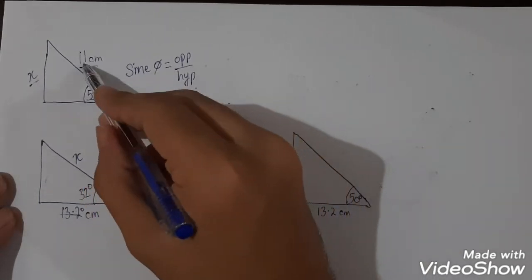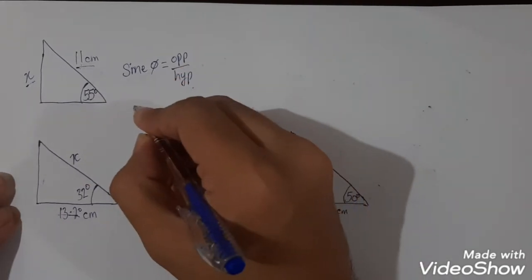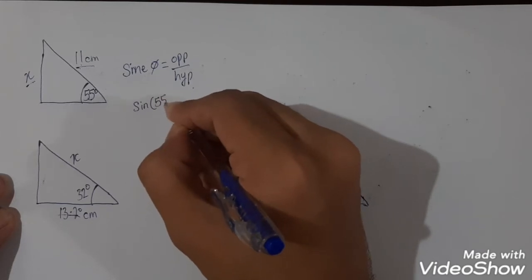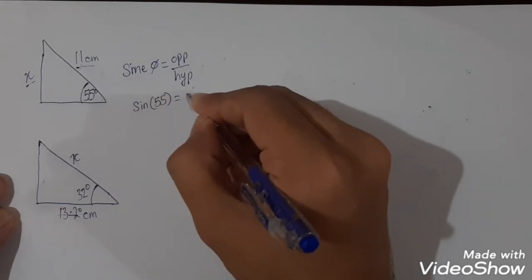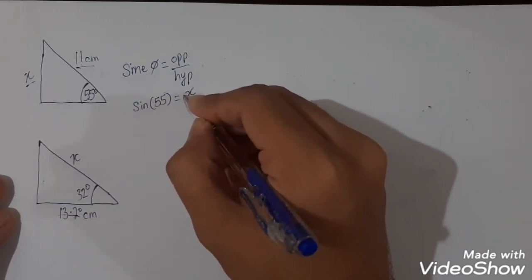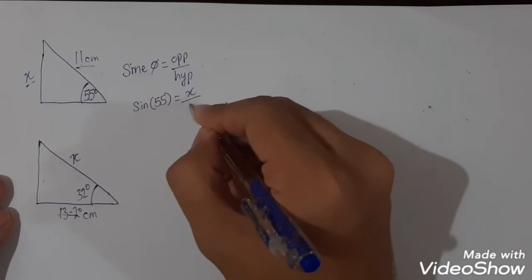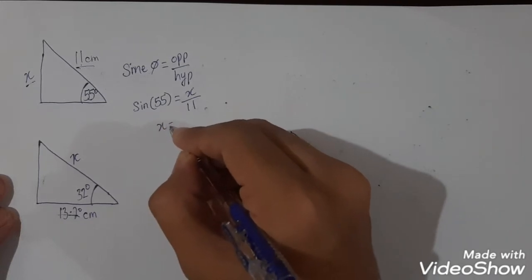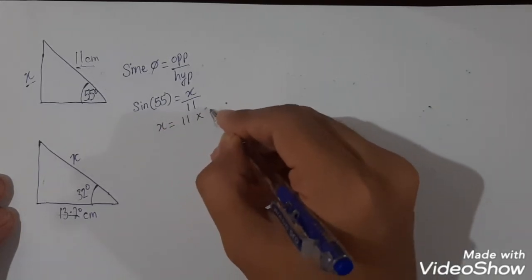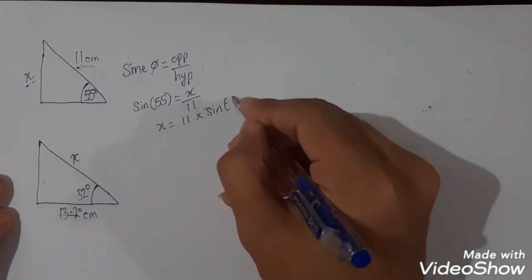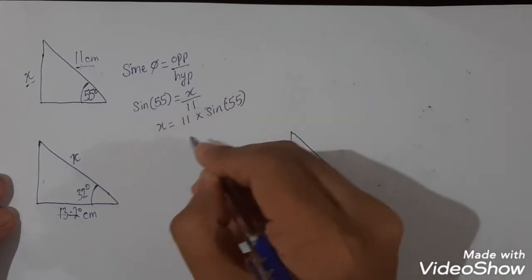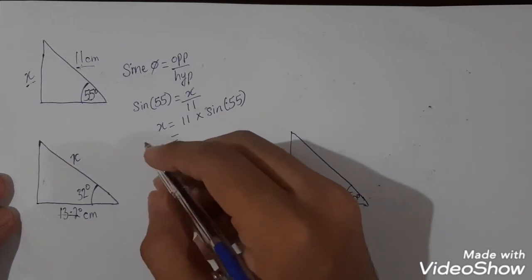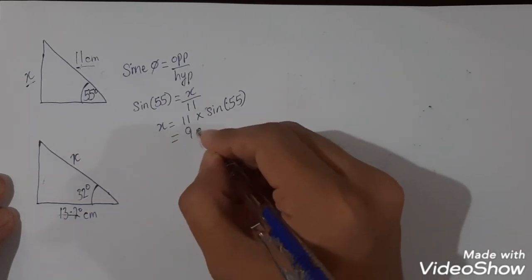So we'll put these values in this formula and we will write sine 55 degrees is equal to x, because we have to calculate the opposite length, and hypotenuse length is 11 centimeter. So x is equal to 11 multiplied by sine 55. So the value of x will be 9 centimeter.